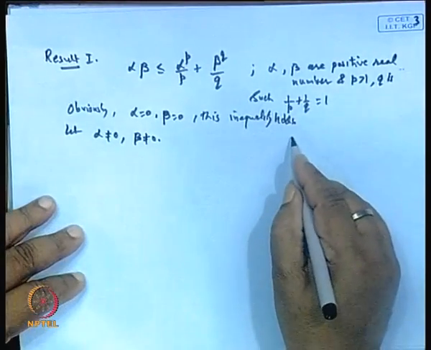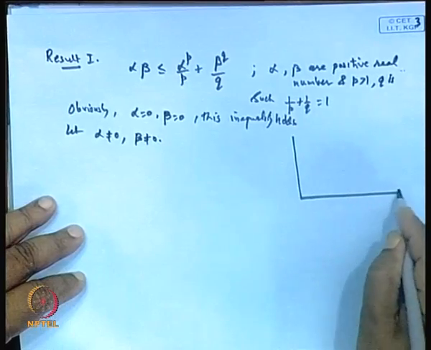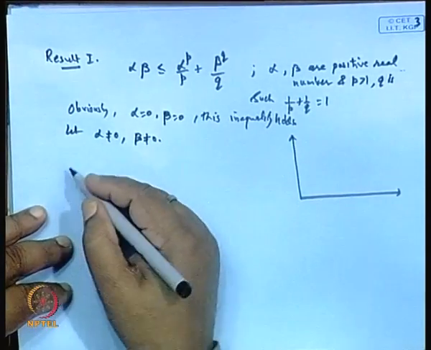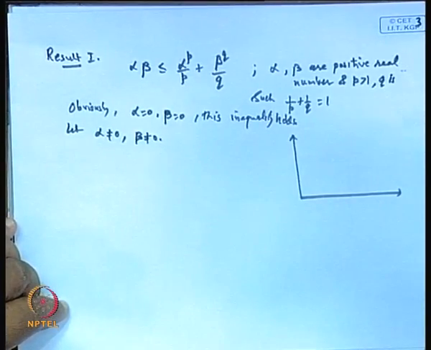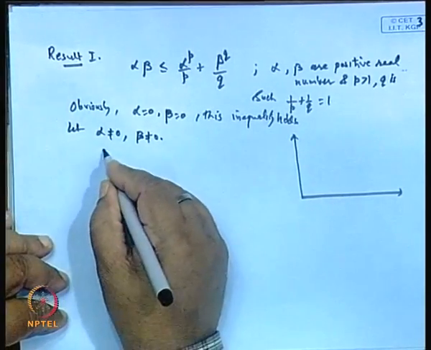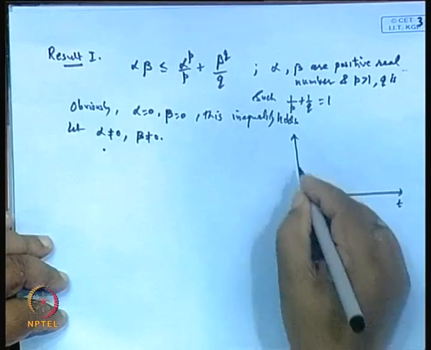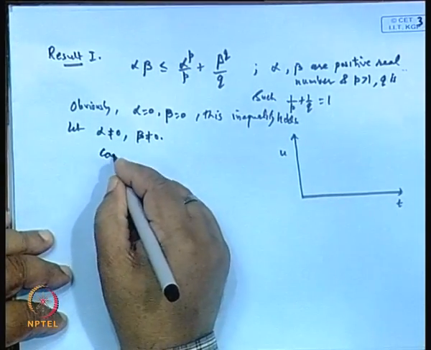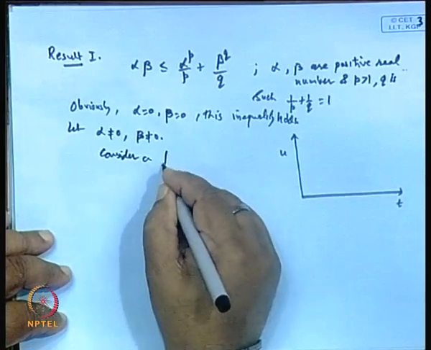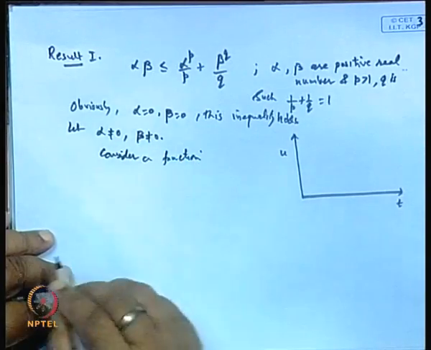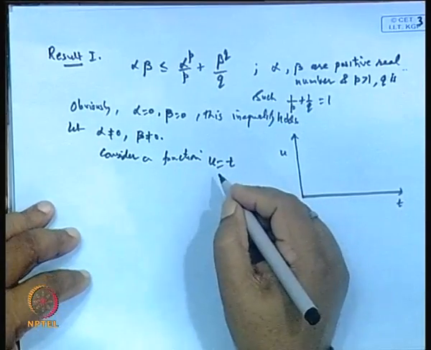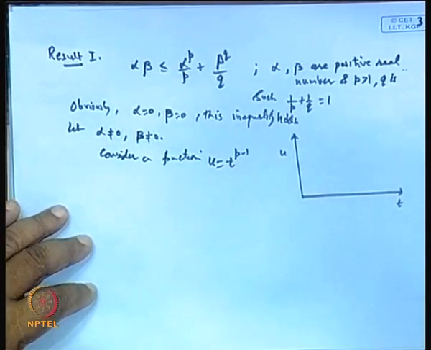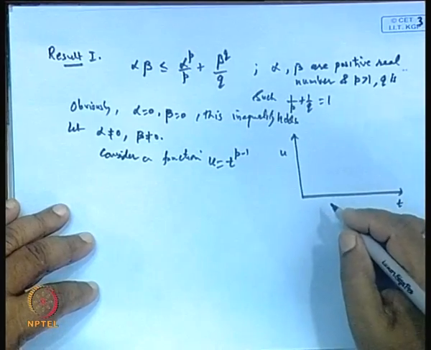So, suppose we have a function, say this is t, this is say u. So, consider the function u = t^(p−1).